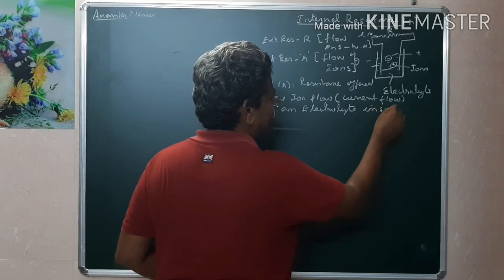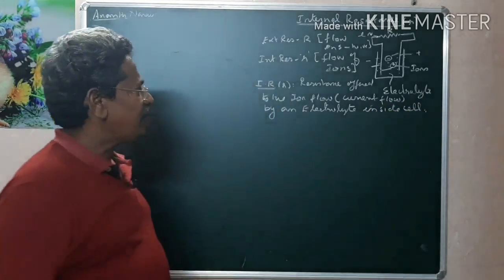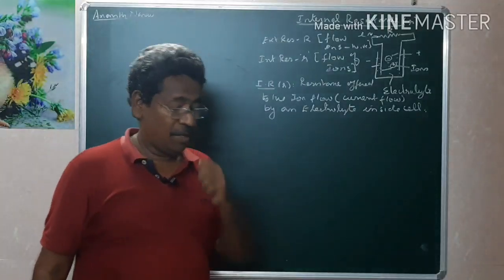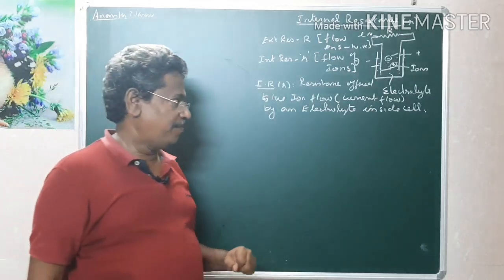Inside the cell, it is called internal resistance, represented by small r. How we are going to derive an expression for internal resistance is our next task.